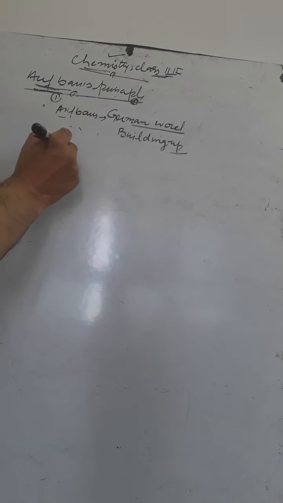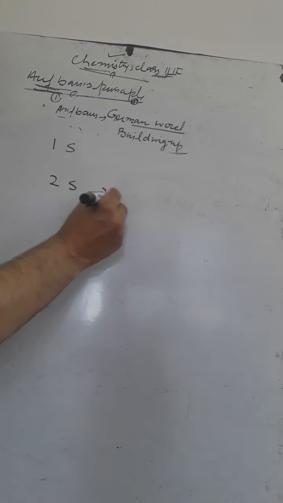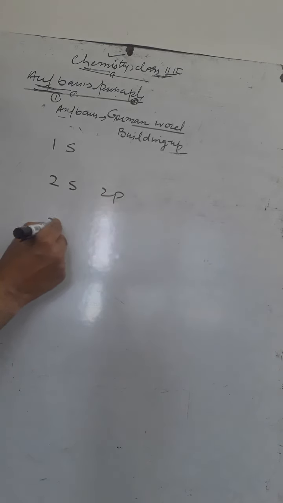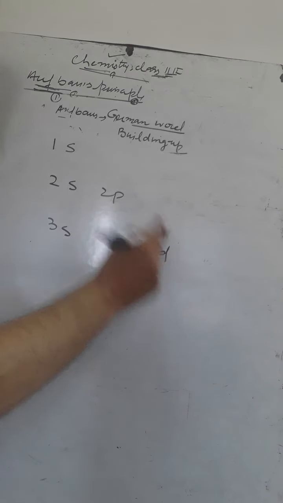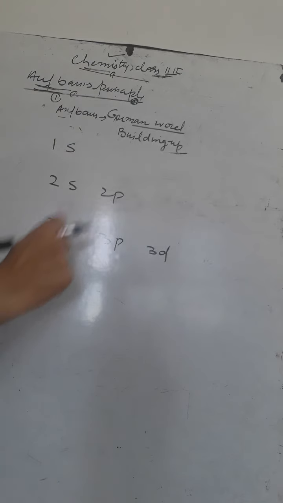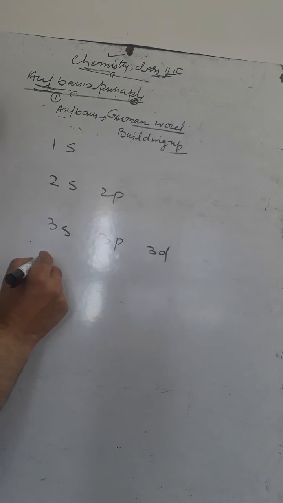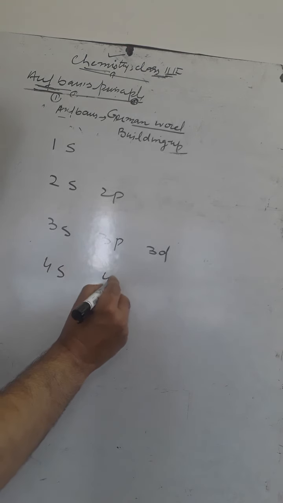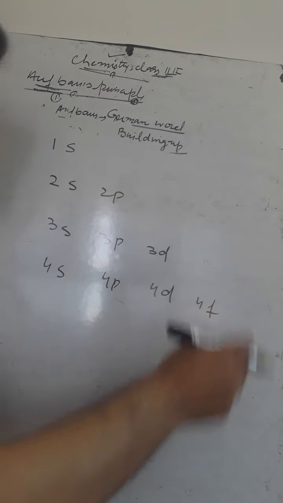For writing them in sequence, we write 1s, then we have 2s and 2p, then we have 3s, 3p, 3d, and then we have 4s, 4p, 4d, 4f, isn't it?